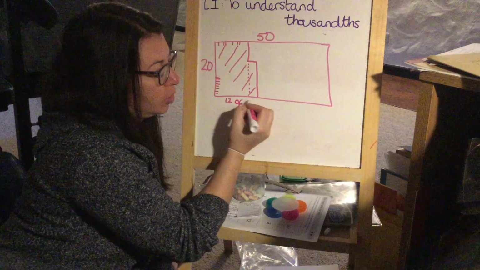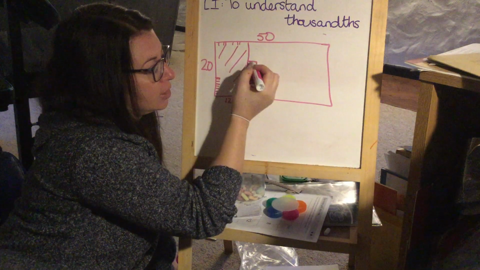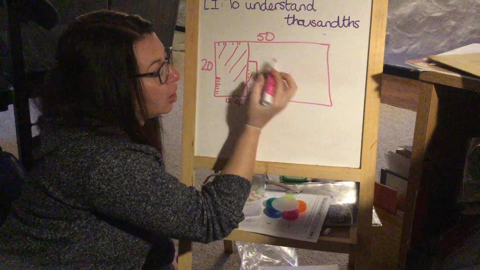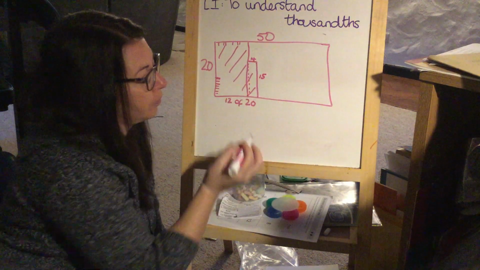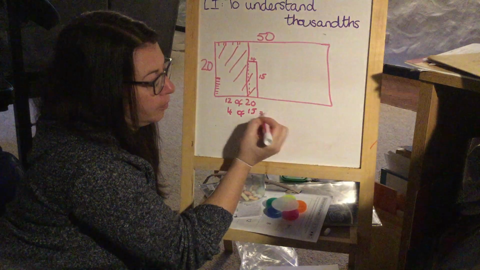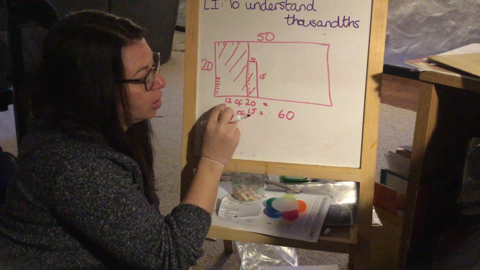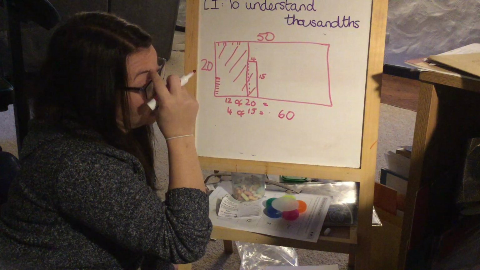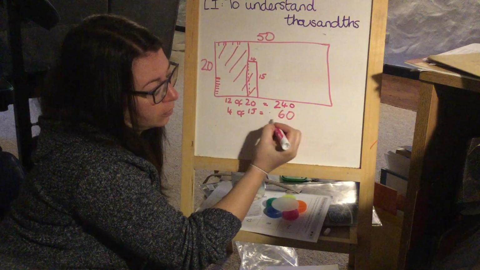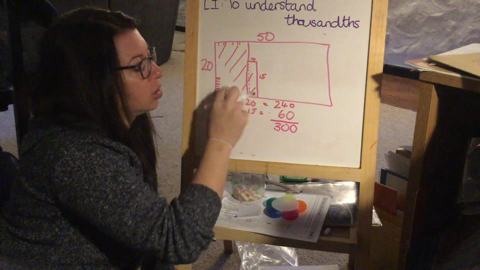This part is only 15 high and 4 wide. So that is 4 columns of 15. So 4 times 15 is 60. 12 times 20 is 240. So that gives us 300 squares here.